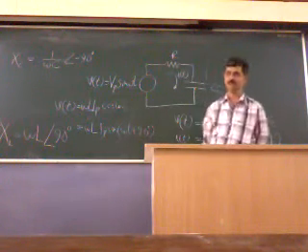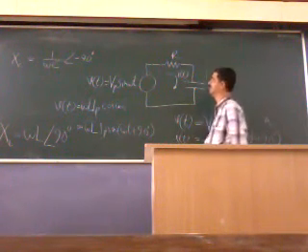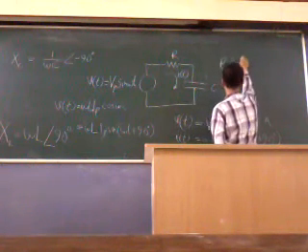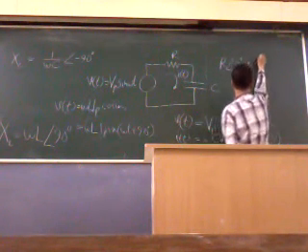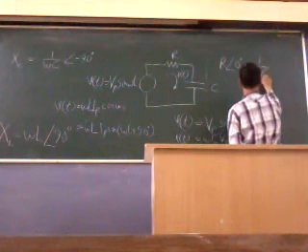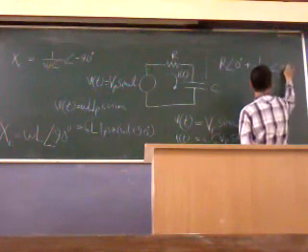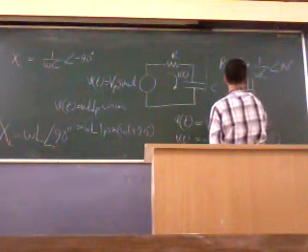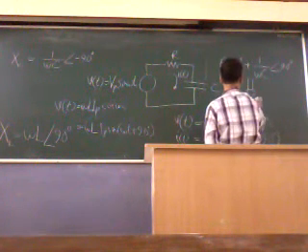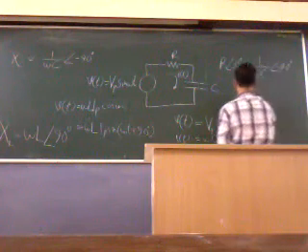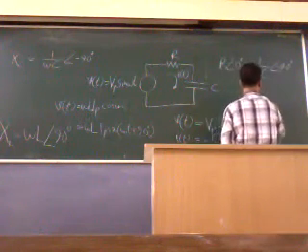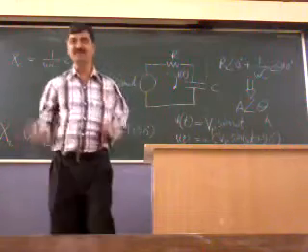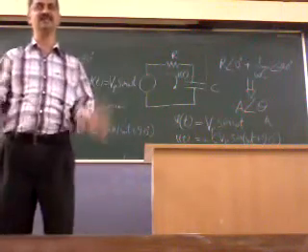Or to be more particular, it is R angle 0 plus 1 upon omega C angle minus 90. This must become A angle theta.